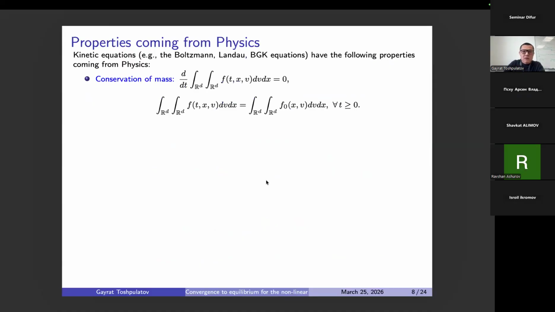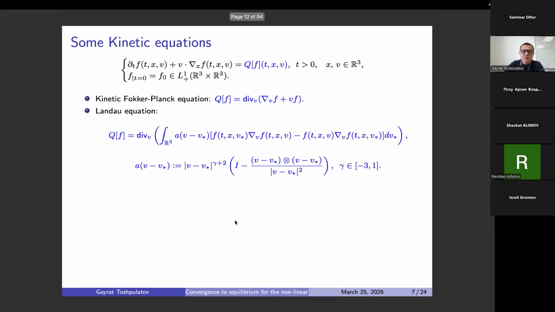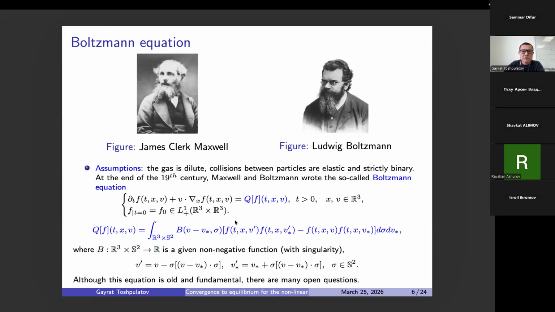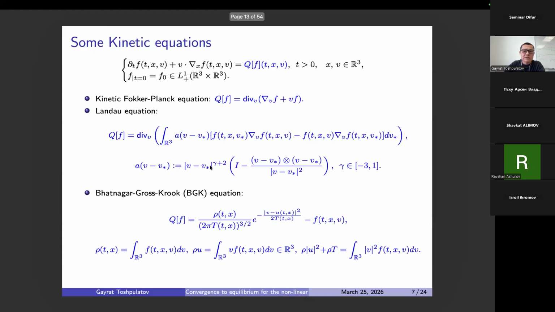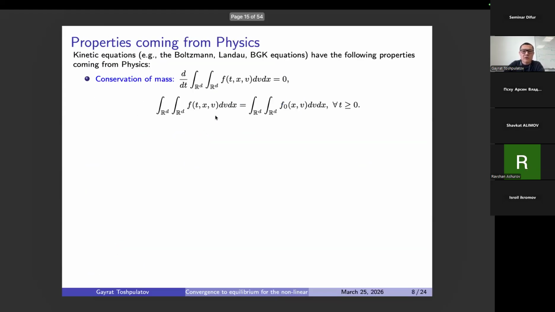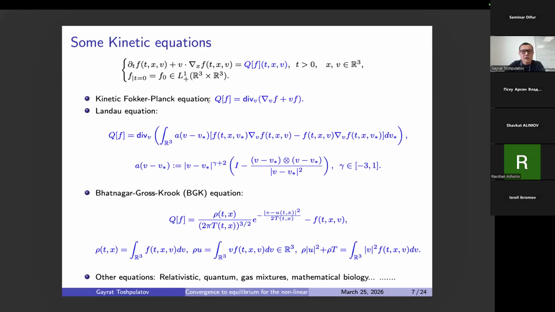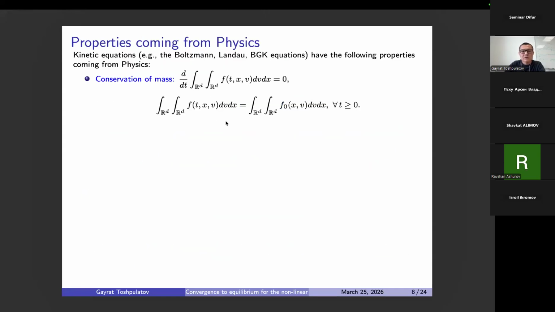And these equations have some properties coming from physics. For example, the equations which I told you before, the Boltzmann, Landau, and BGK equations, all of them satisfy the following properties. If we assume there exists a very nice smooth solution, we can integrate this equation with respect to x and v and get that the time derivative of this function is always zero.